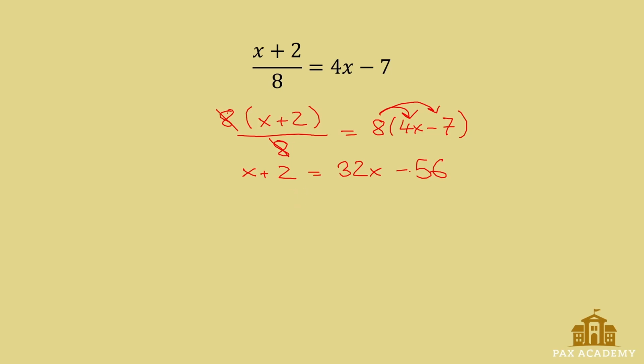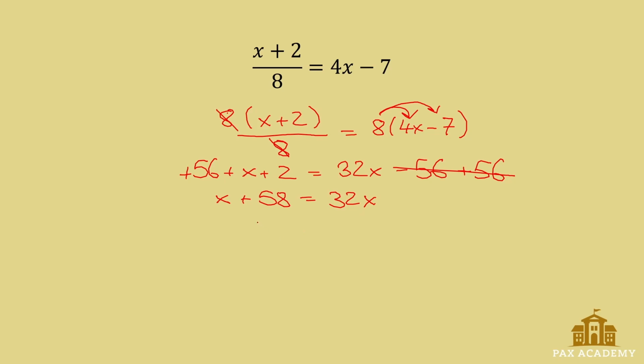So in order to get rid of this minus 56 on this side, we need to add 56. And whatever we do on one side, we do on the other side as well. So we have plus 56. Minus 56 plus 56 cancels out. And then 56 plus 2 is 58. So we have x plus 58 is equal to 32x.